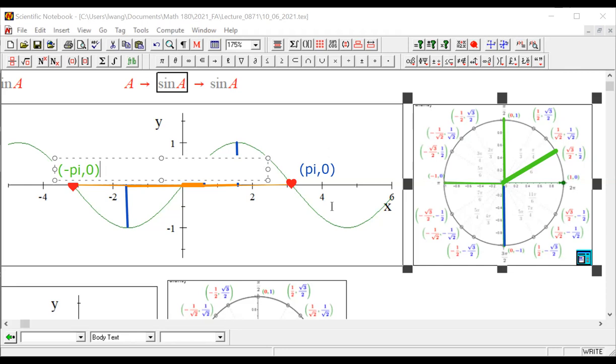Okay, so now give me the coordinates of these highest points and lowest point one more time. Pi over 2 is right in the middle, right? Negative pi over 2 is right in the middle between negative pi to 0, right? Yes? Yes.